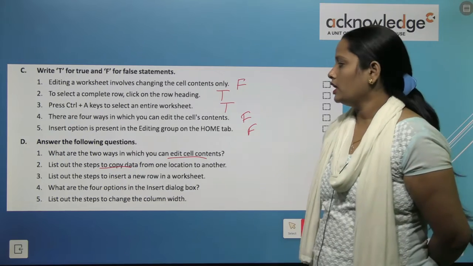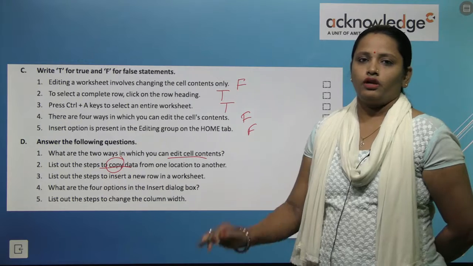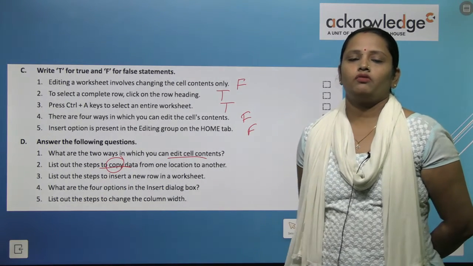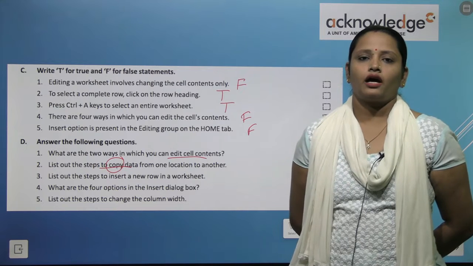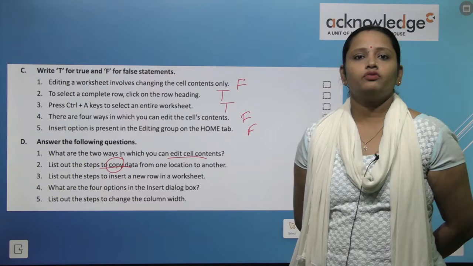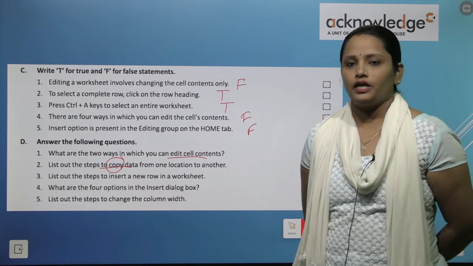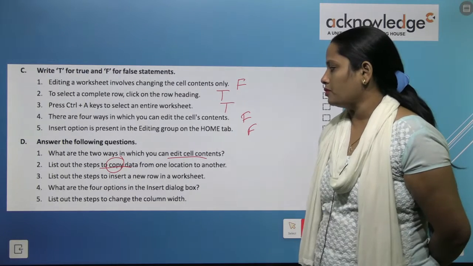We have to click on the copy option, and then we have to go to the new location where we want to copy that data, and just go back again to the home tab, clipboard group, and from there we have to select the paste option. So by doing this, the content will be copied.